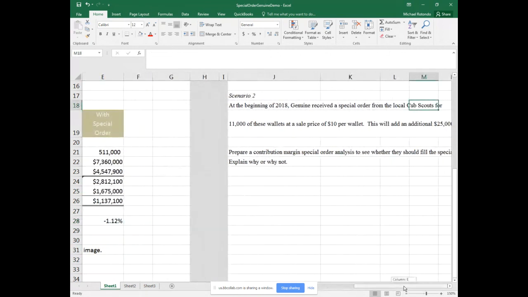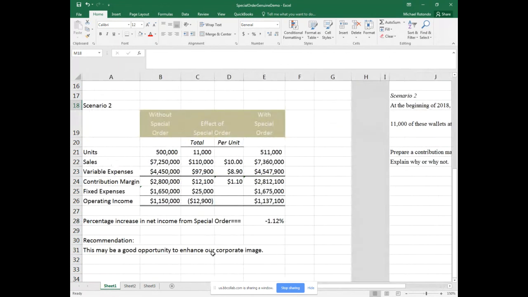And if we say no, the negative corporate image might drive our sales down even more. So in addition to the quantitative or the numbers, in many cases, we also have to consider the qualitative. Thank you for your attention.